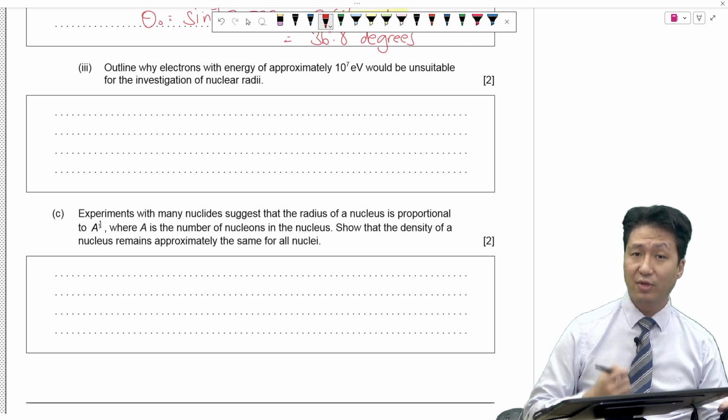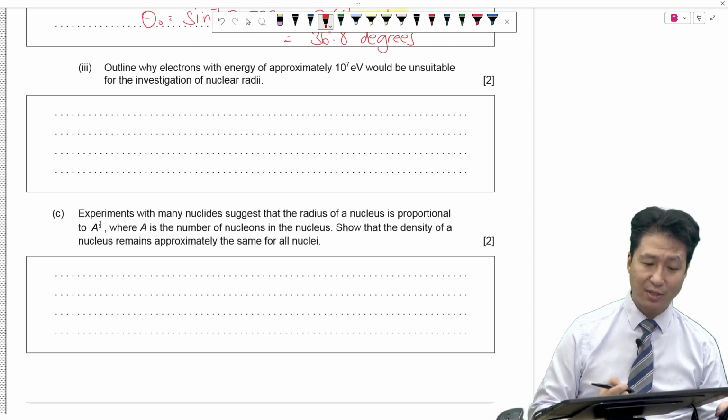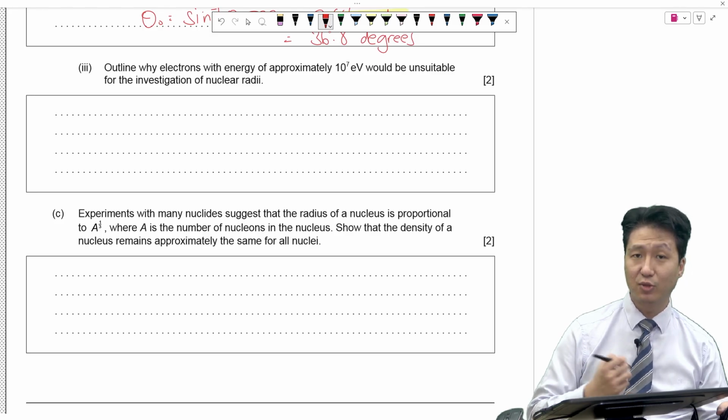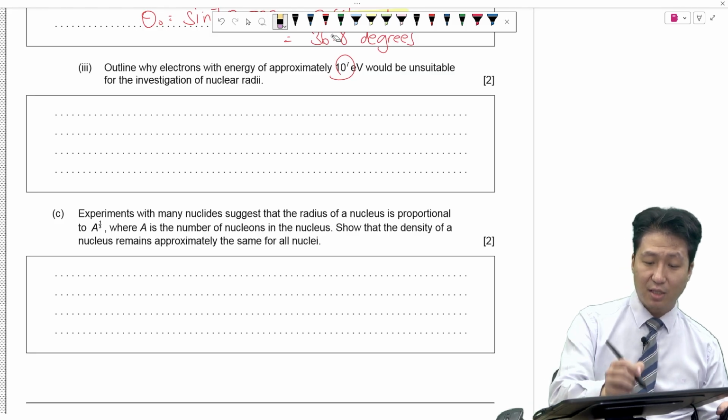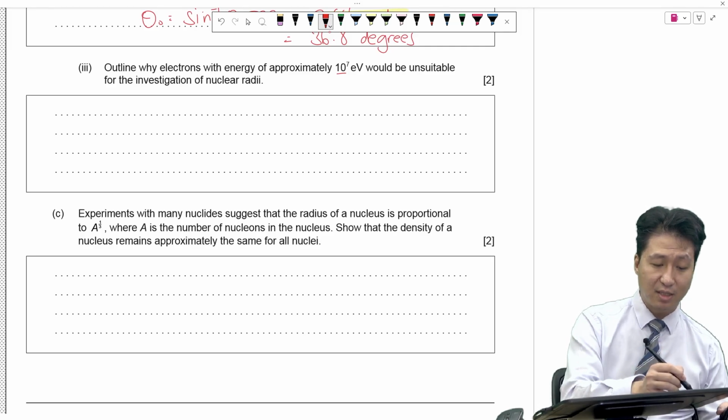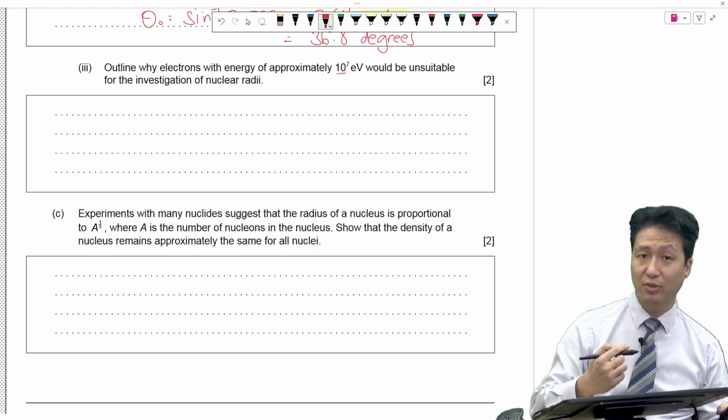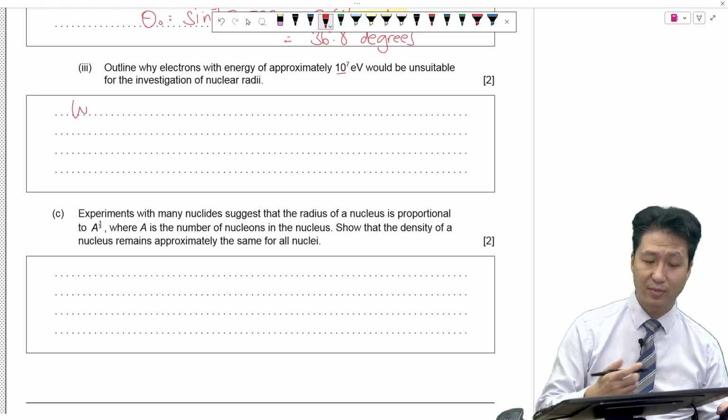In Roman numeral 3 of this problem, it says outline why electrons with energy approximately 10 to the 7th power electron volts would be unsuitable for the investigation of nuclear radii. First, in our problem, the electrons had a wavelength of 10 to the 8th. At 10 to the 7th, this is approximately 1 order of magnitude lower energy.